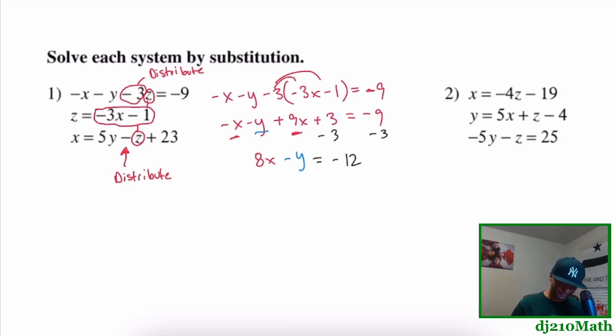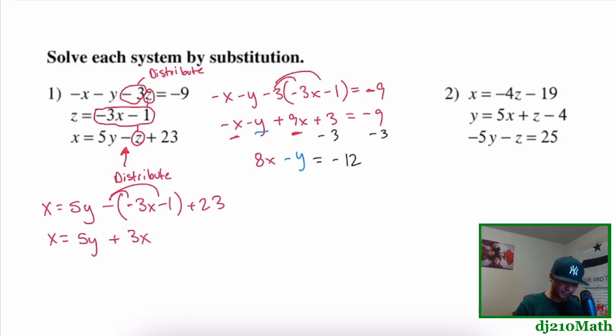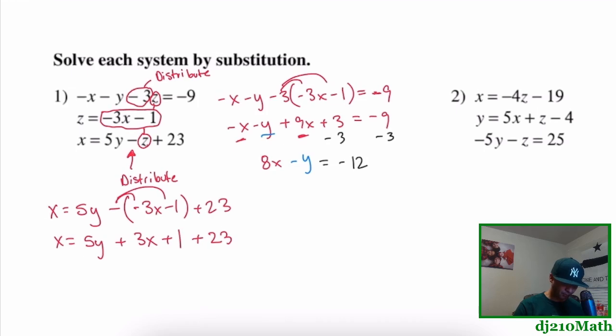Okay. I'm going to substitute z into the bottom one. We get x equals 5y minus negative 3x minus 1 plus 23. Distributing the negative, we get x is equal to 5y plus 3x plus 1 plus 23. Combining on the right, we get 24.